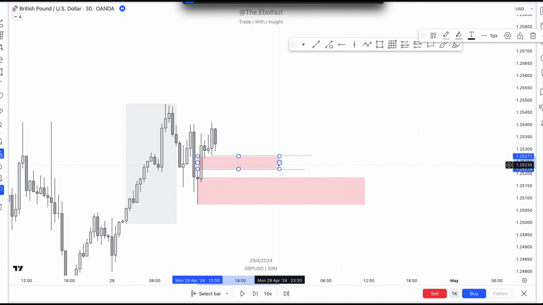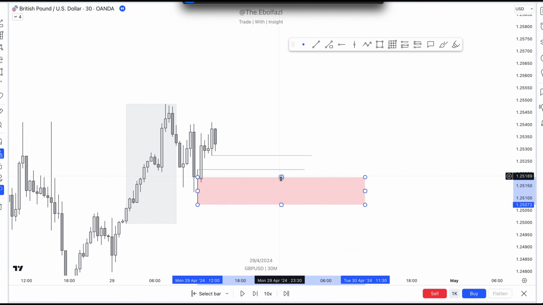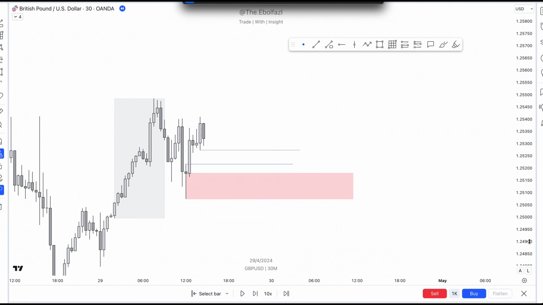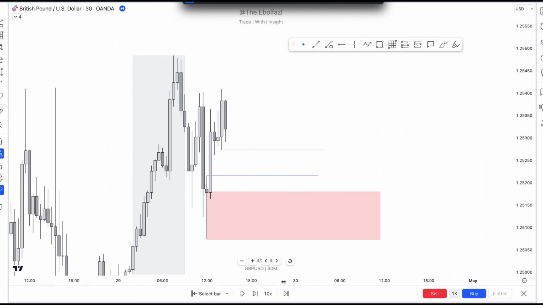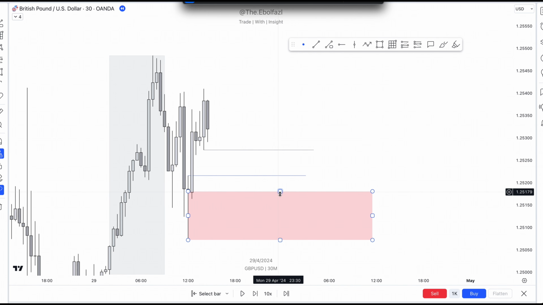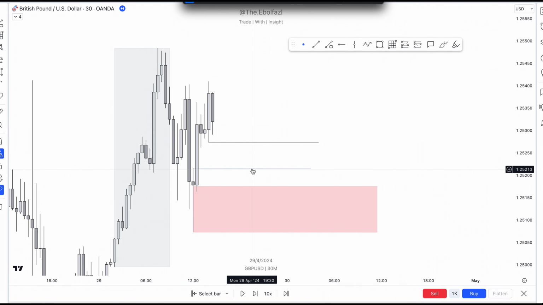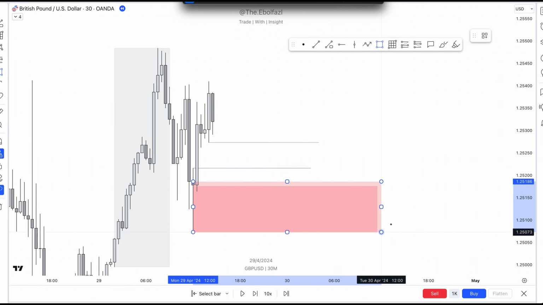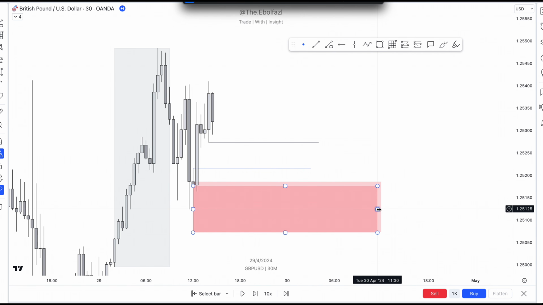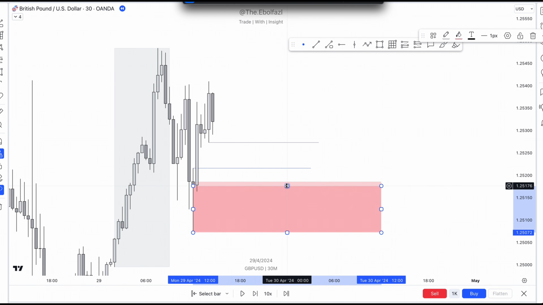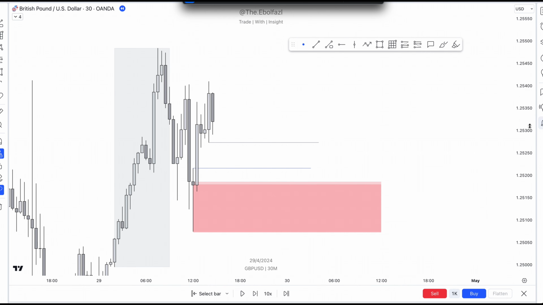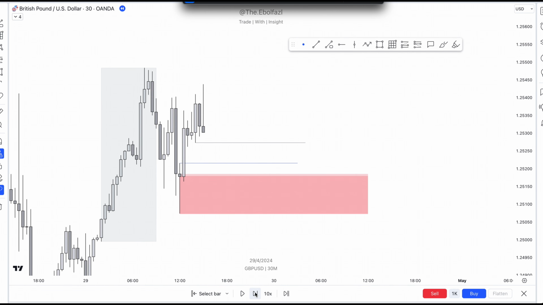And also what we have is an unmitigated wick here. So this is not a mitigation for me, as I told you. If in the retracement price is going to tap this, it's going to be a mitigation for me. So order block, let's say also this is an imbalance order block, and pretty much the unmitigated wick. So let's see which one price is going to tap into.